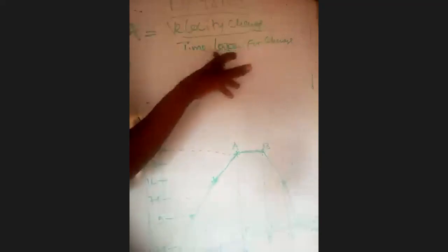So we are dealing with a velocity time graph, and I'm trying to say that along OA, the velocity increases with equal amount in each second interval for the first 6 seconds. So the uniform acceleration along OA is given by velocity change all over time taken for change.